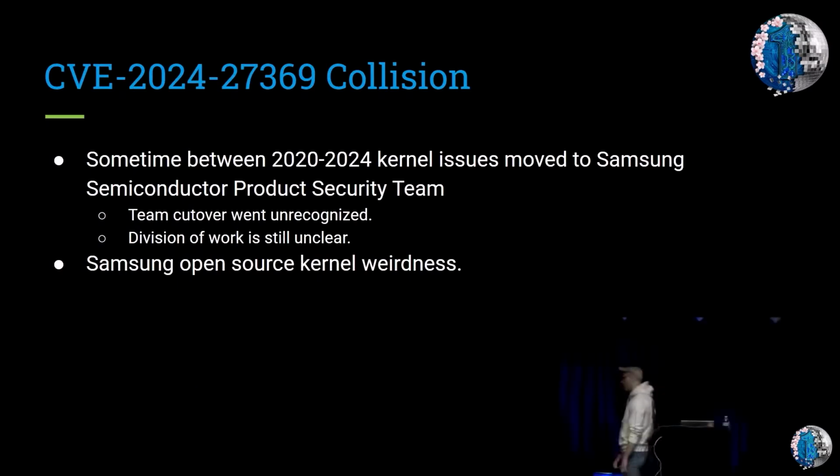And so I did my own self-reflection and came up with 2 reasons. So one, at some point between the first set of bugs I submitted and this set of bugs, the program I had to submit to moved from Samsung Mobile Security to the Samsung Semiconductor Product Security team. Those apparently are 2 different corporations.